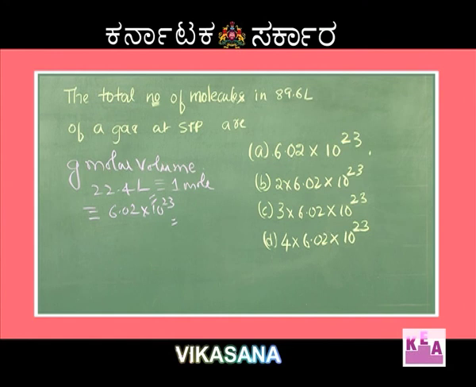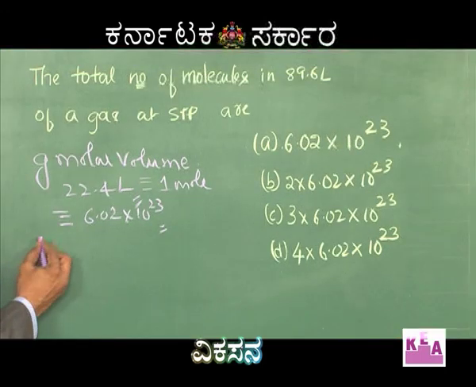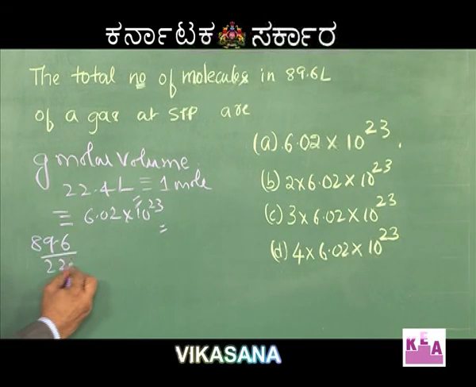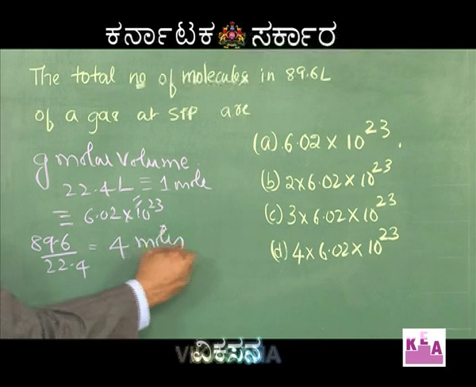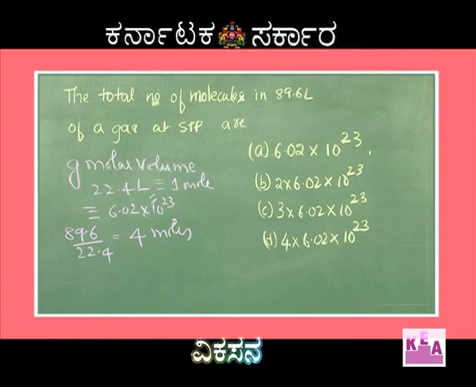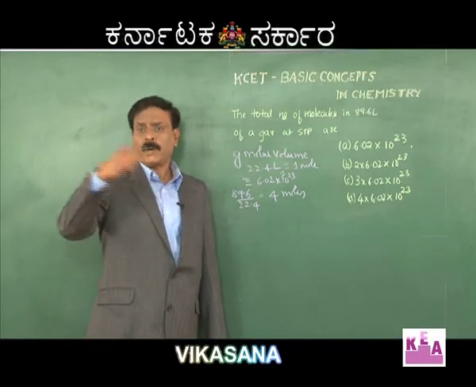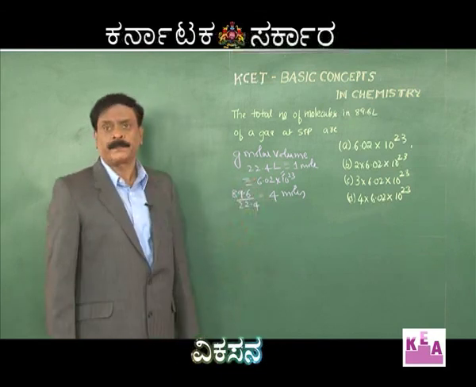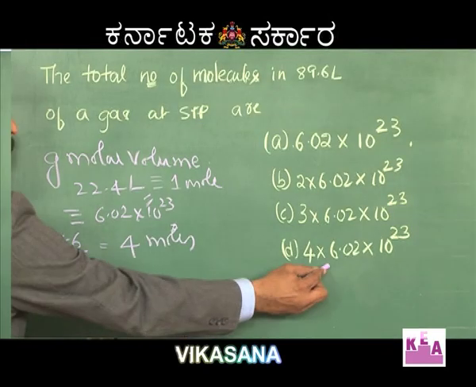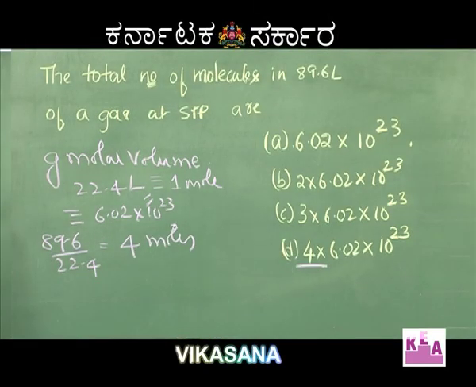Here the volume given is 89.6 liters, and in 89.6 liters will be 89.6 divided by 22.4, that comes to 4 moles. So 89.6 liters of the gas at STP will contain 4 moles of the gas. Therefore, the number of molecules in 4 moles of the gas will be equal to 4 into Avogadro number, and hence the right answer is 4 into 6.02 into 10 power 23.